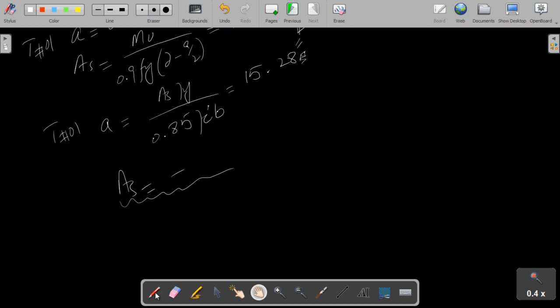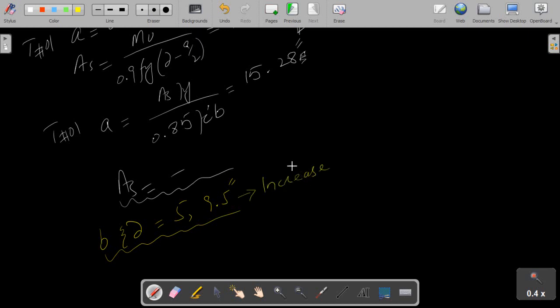This negative value means that the values of B and D, which we chose as 5 and 9.5 inches, are wrong. They are too small. We have to increase these values.